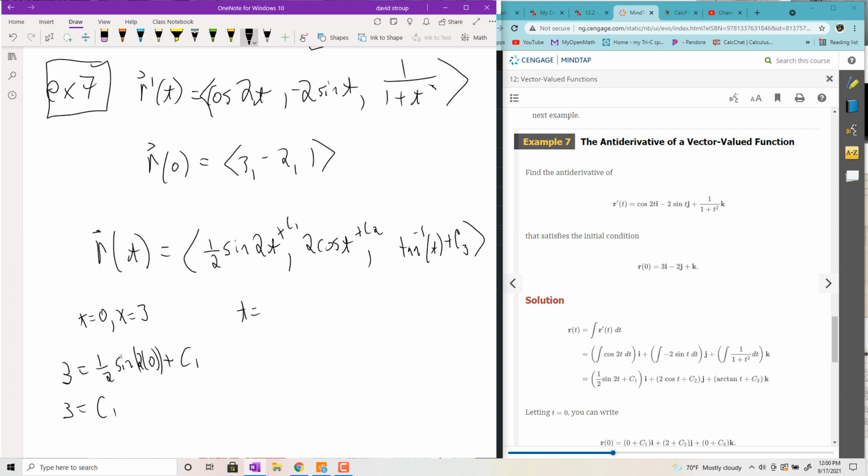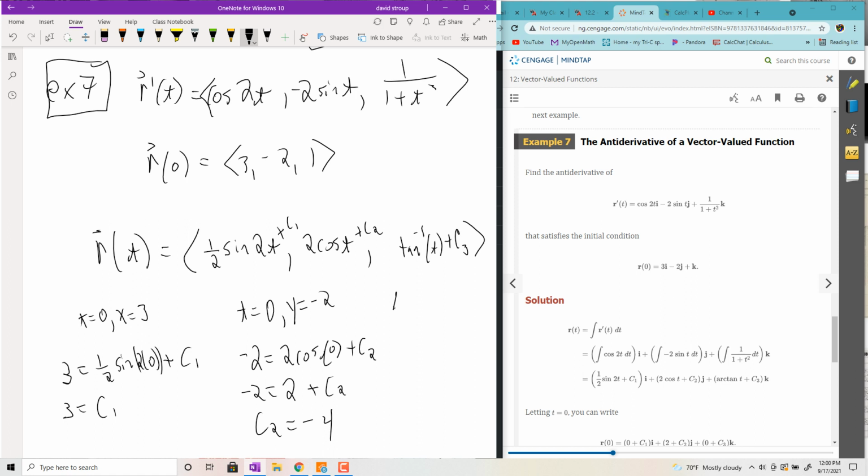And for the next one, when t is 0, we want y to be -2. So you set the y component equal to -2. So 2 cosine of 0 plus c2. Cosine of 0 is 1, so 2 times 1 is 2 plus c2. Then you subtract the 2 to the other side, so c2 is -4.